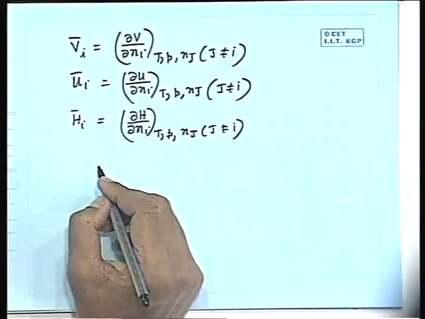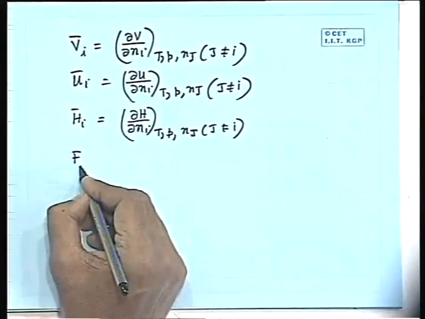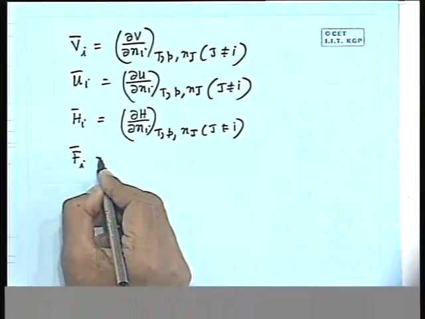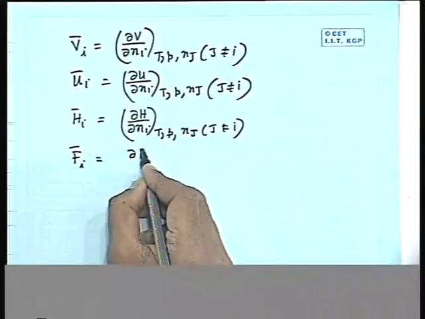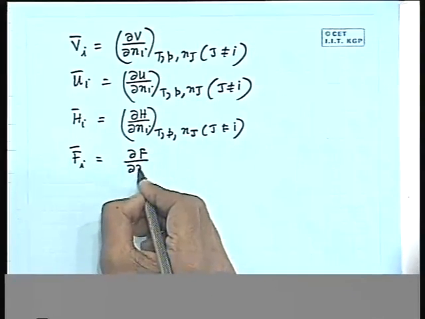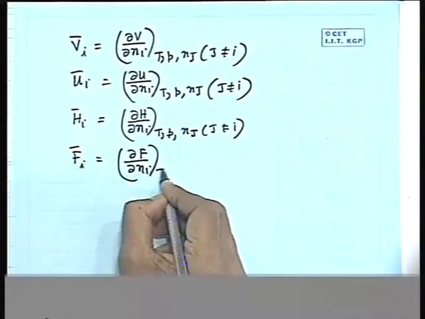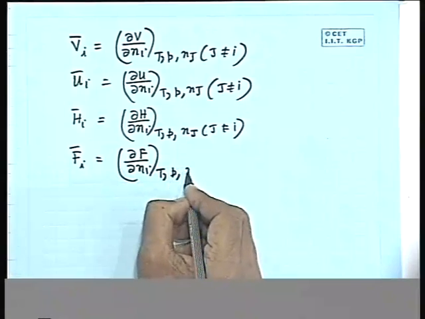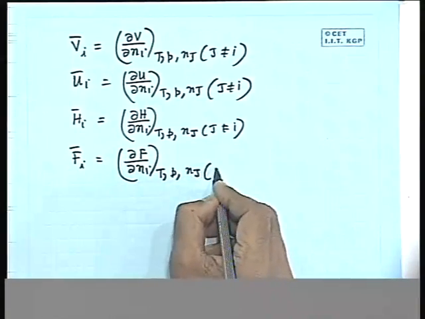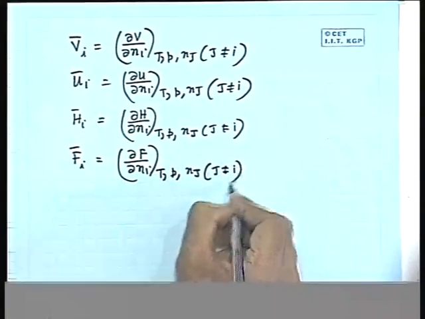Similarly, if we want to write the partial Helmholtz function for the ith component, then we write del F by del n_i at T, P and n_j, that is j not equal to i.